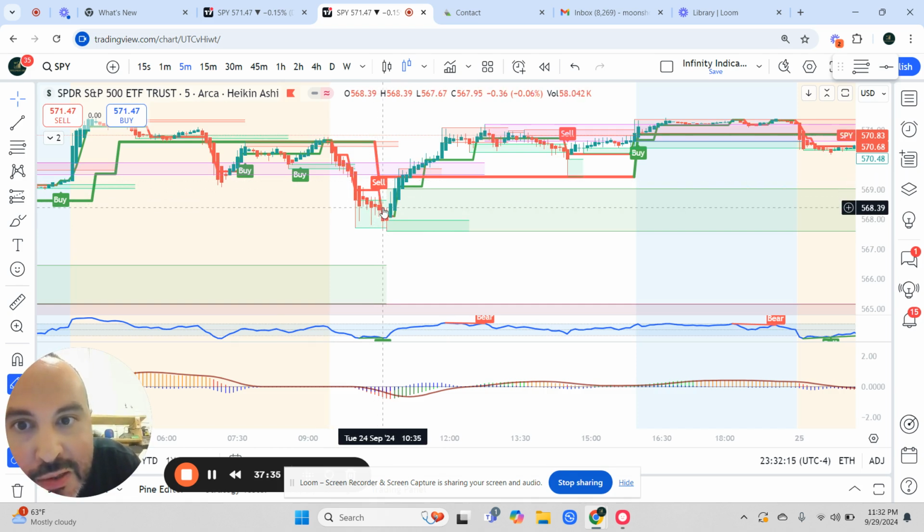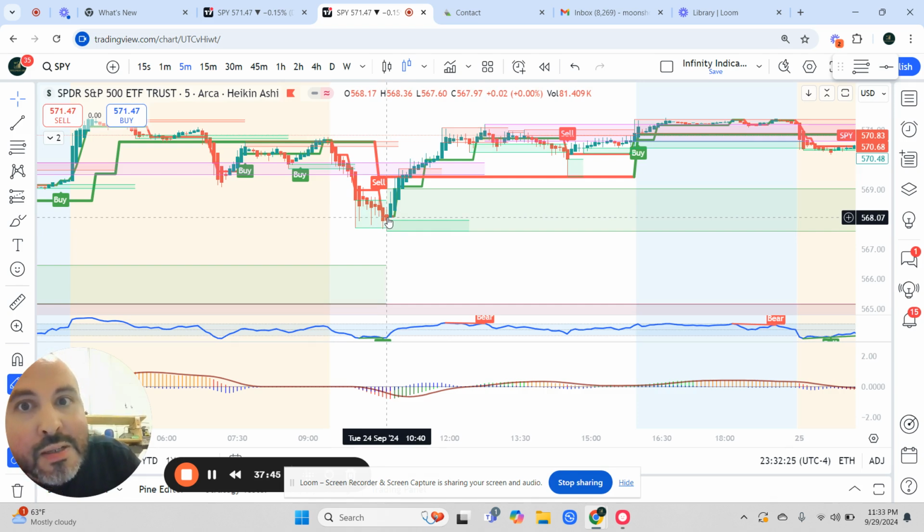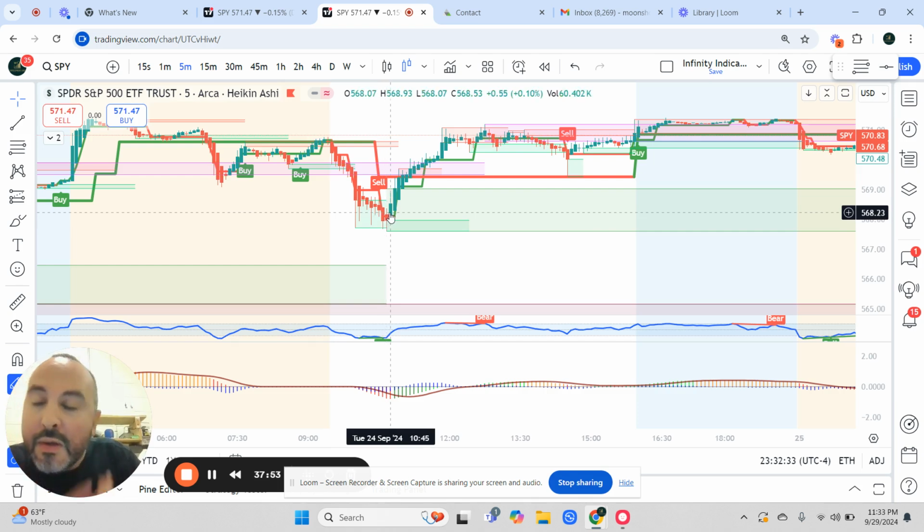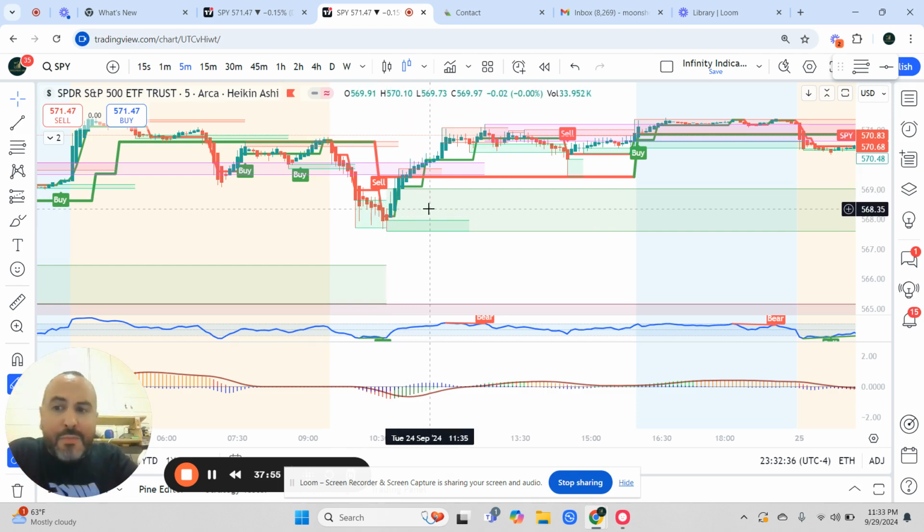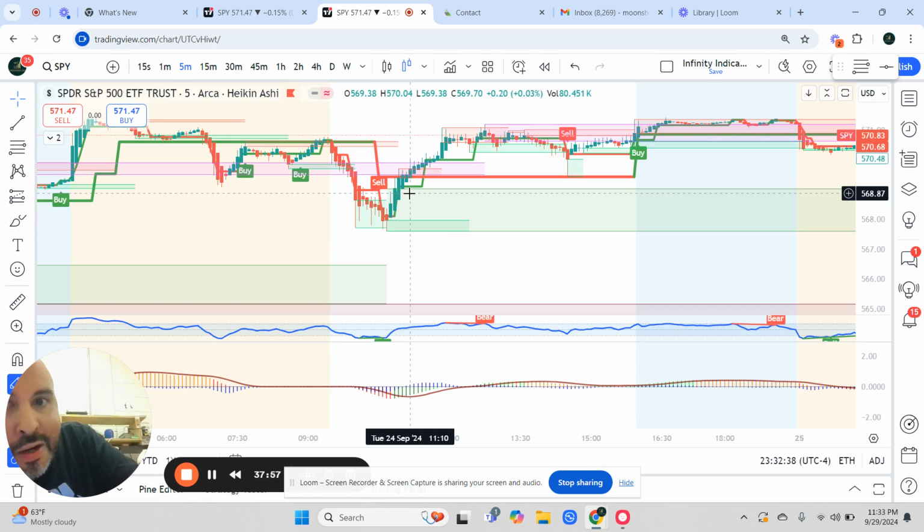Again, you got a sell signal here. We opened at 568.39, and then it fell down to 567.60. So that was about a 25% win right there on zero DTE options, same-day options.